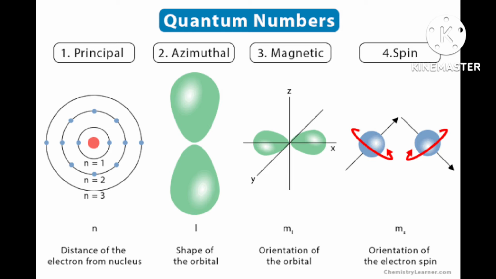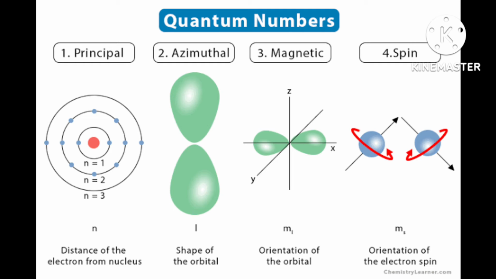Directly I told you, if you are knowing n, directly you can know the total number of orbitals, n square. The second formula I am telling you, n is equal to this. If you know n, then how many orbitals will be there? Here n and l both are related. Then 2l plus 1, this is the formula.